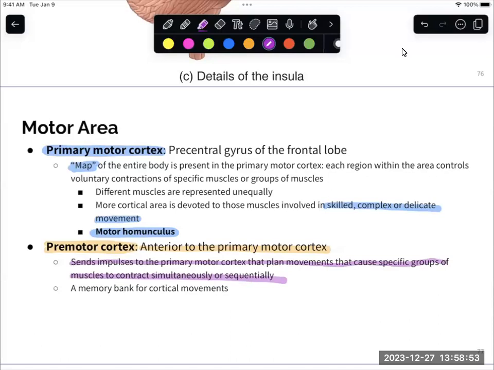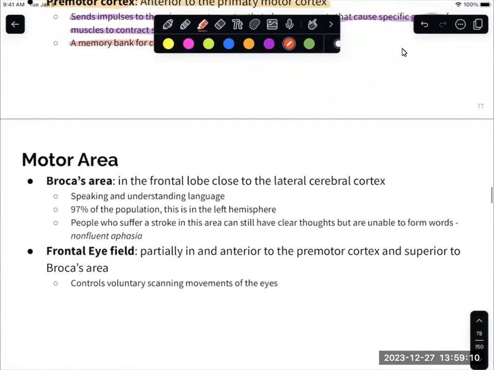You need certain muscles to contract in a certain order. This premotor cortex contains what's known as a memory bank for movements. So it stores how to do certain movements that you have learned how to do.